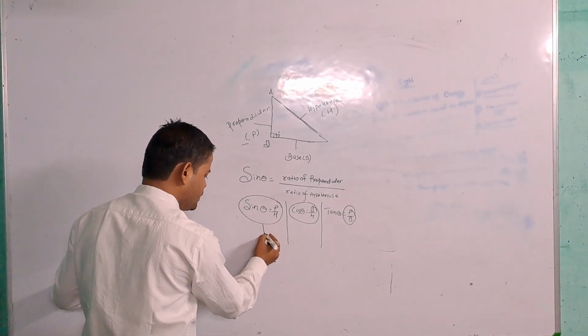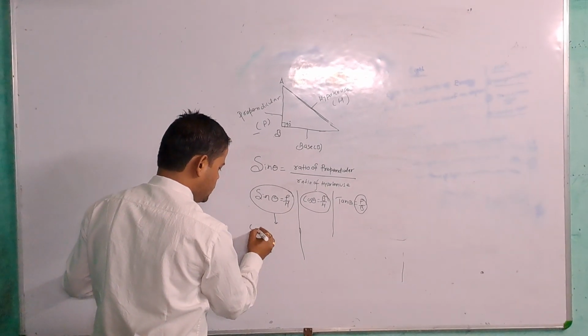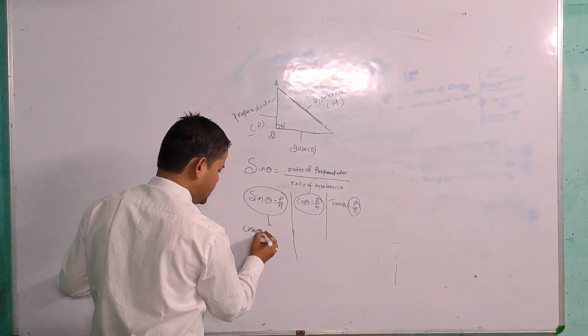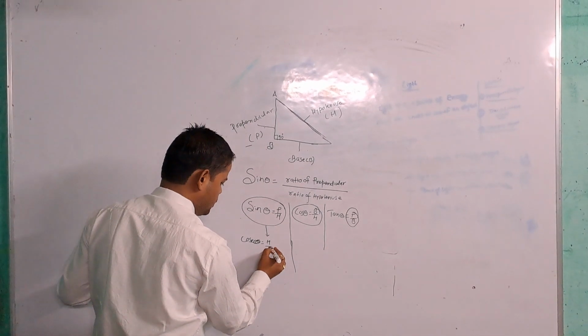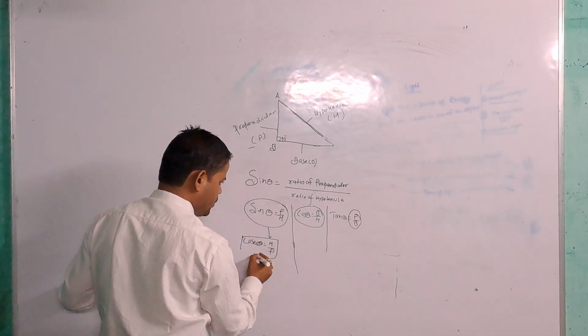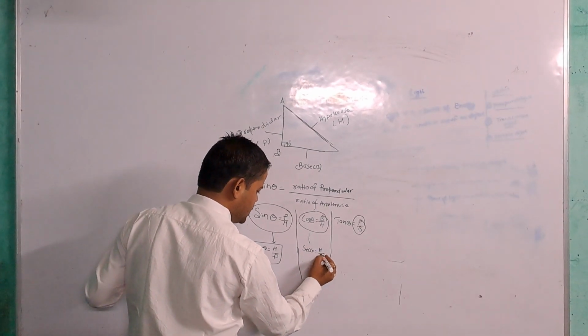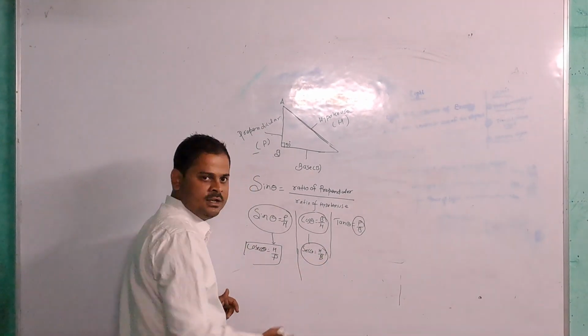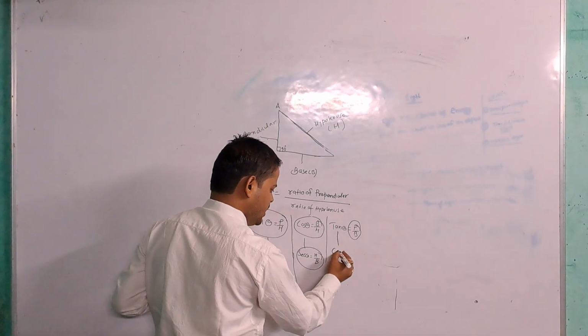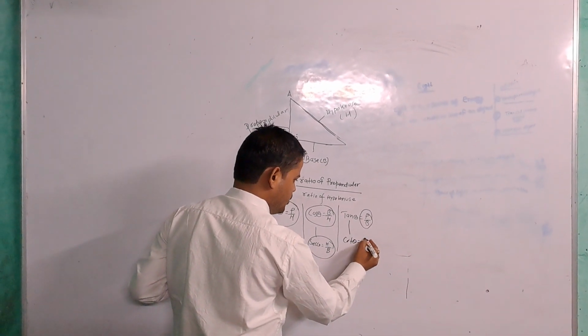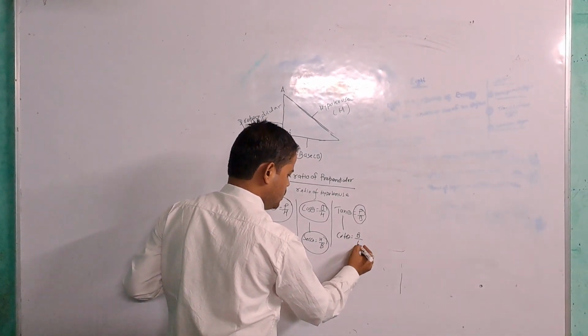The inverse of sin theta is known as cosec theta, which is equal to h by p. The inverse of cos theta is sec theta, which is equal to h by b. And the inverse of tan theta is cot theta, which is equal to b by p.